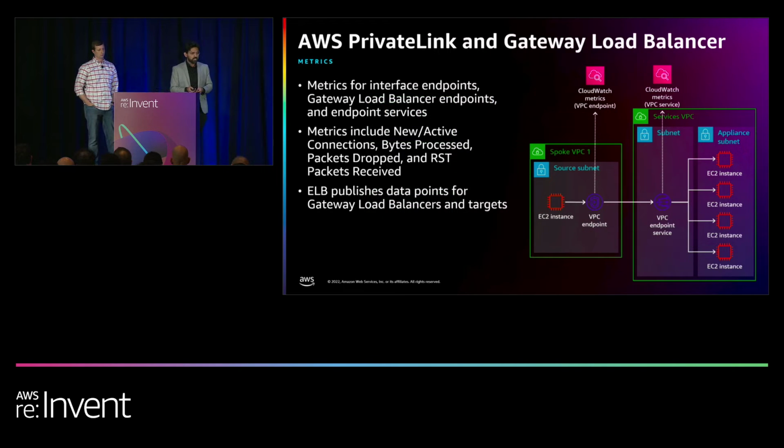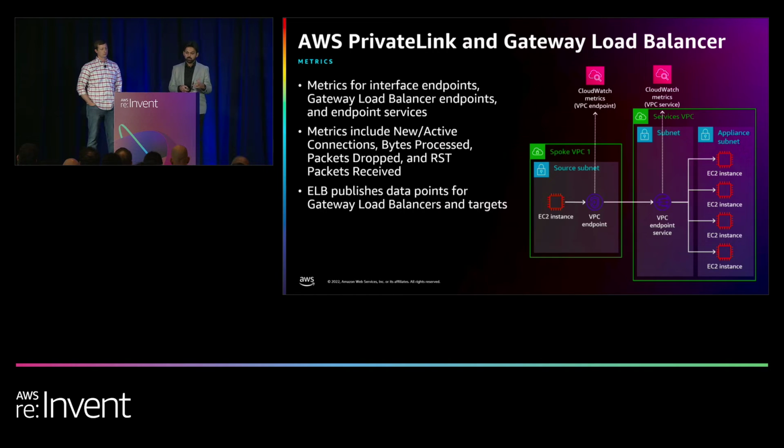The AWS PrivateLink service publishes data points to CloudWatch for interface endpoints, Gateway Load Balancer endpoints, and endpoint services. These metrics include new and active connections, bytes processed, packets received and dropped, and so on.